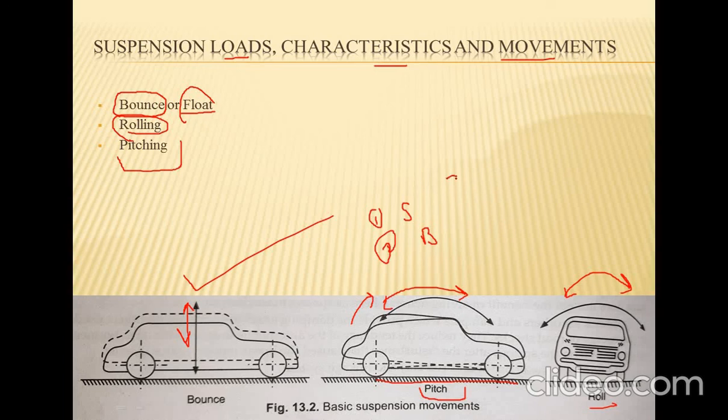Then third is the spacing between the bumps, and fourth is the frequency of the bumps, means how intense the bumps are on the road surface. And fifth factor which affects the pitching tendency, that is mass moment of inertia of the vehicle about the axis of pitch and its wheelbase.